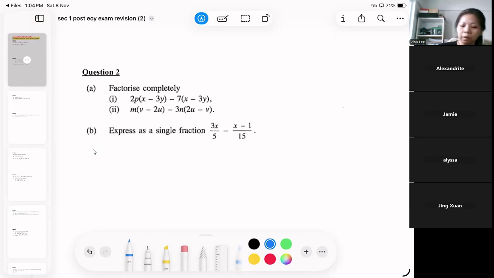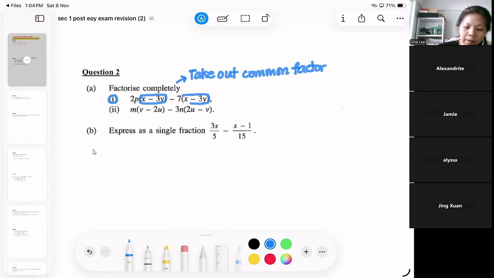Okay, so for the first factorization, I would like you to be able to see that the bracket is the common factor. So actually in Set 1, you learn a lot about taking out common factor. In part 1, I hope you can see that the bracket is the common factor.